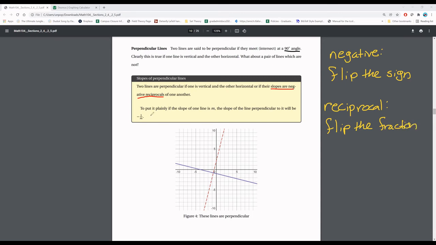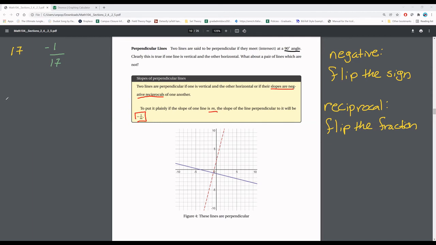So if the slope of one line is m, the slope of a line perpendicular to it must be negative 1 over m. So if the slope of one line is 17, the negative reciprocal of that is negative 1 over 17.